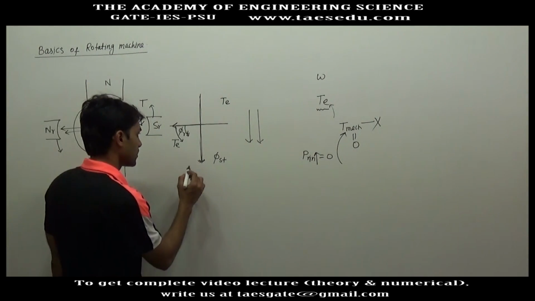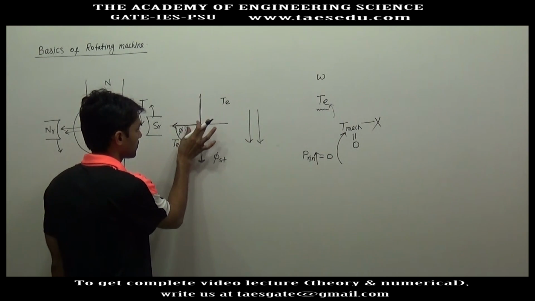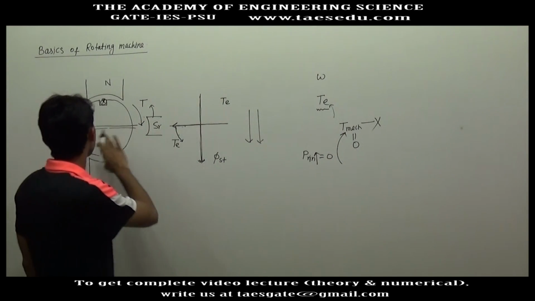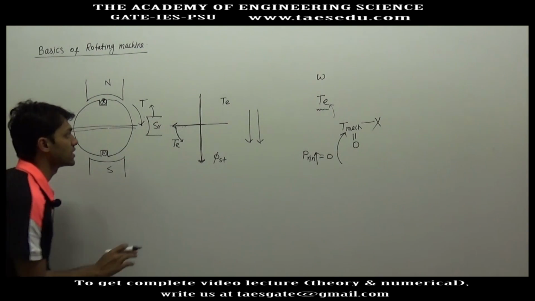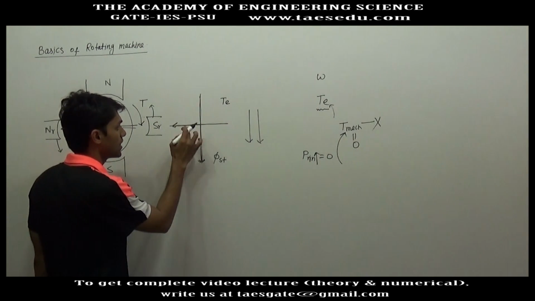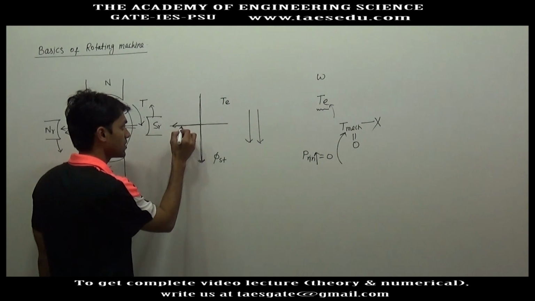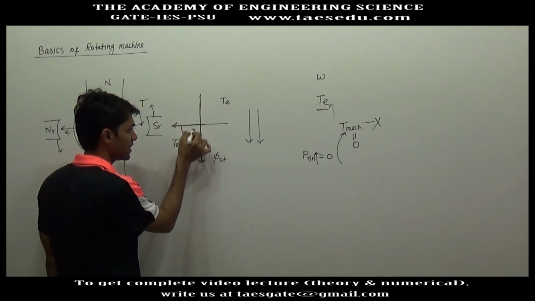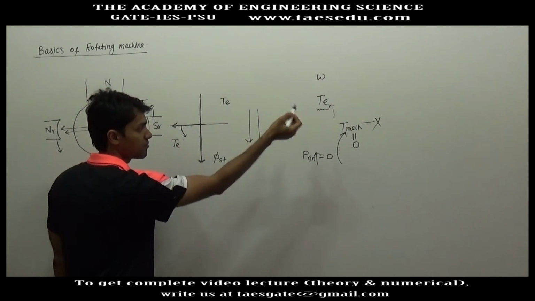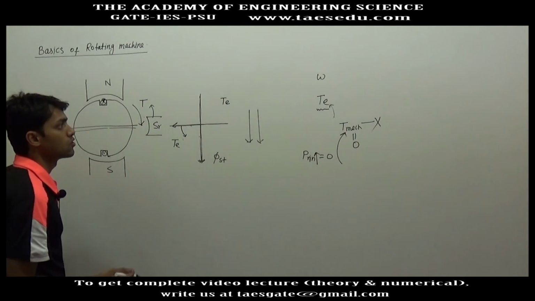Now, with the help of the north and south pole configuration, we concluded that the two fields try to align themselves. When these two fields align in the same direction, there will be no electrical torque.